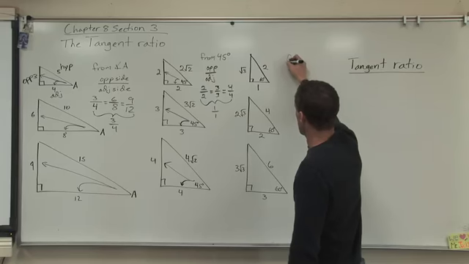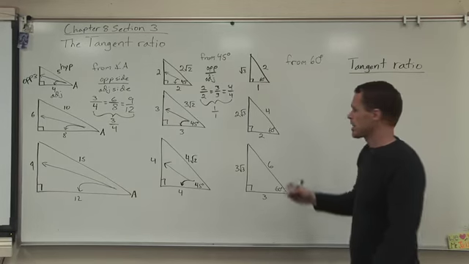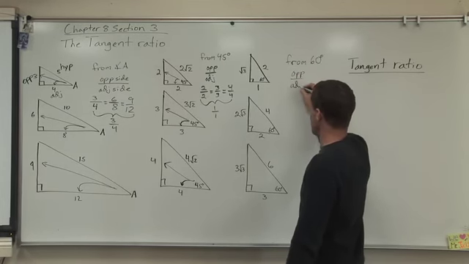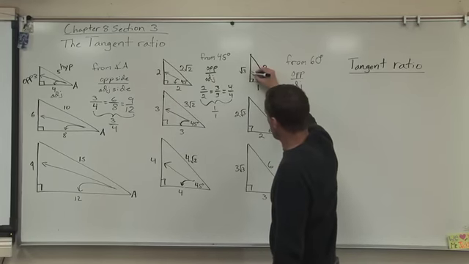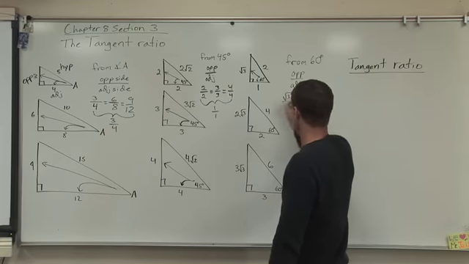Well, let's check out the 30, 60, 90, how about from the 60 degrees? So from 60 degrees, let's take a look at opposite over adjacent. So opposite over adjacent, radical 3 over 1.